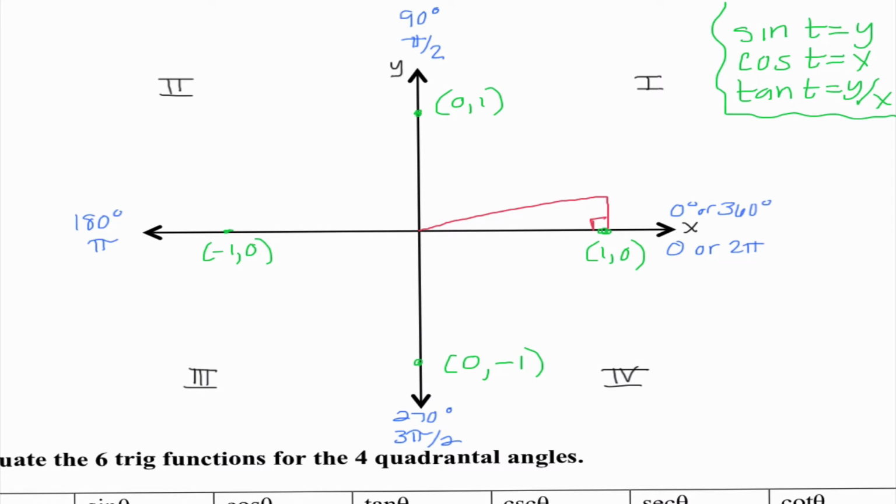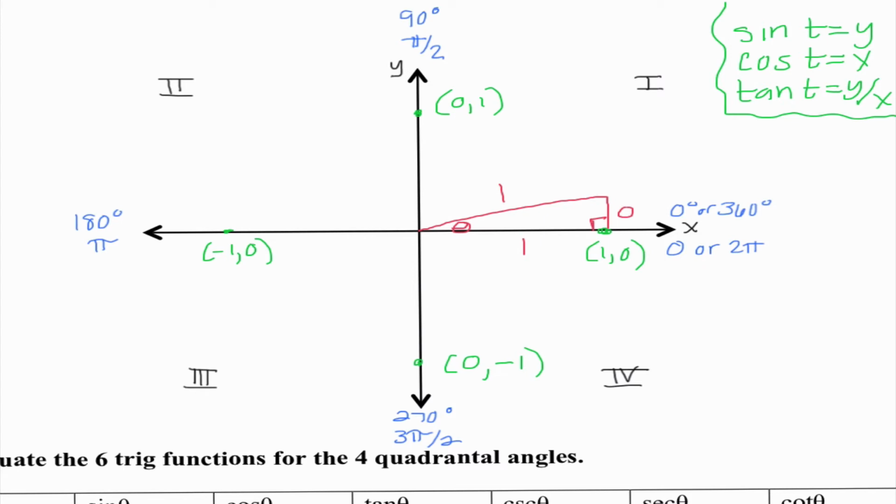Now the problem is, since it's going to the right one and it's not moving up or down at all, this is not a real triangle because a triangle cannot have a side of 0. So we're just pretending that this is 0. That's our theta. And our hypotenuse would also be 1 because this is a unit circle, or we could use the Pythagorean theorem and realize 1 squared plus 0 squared is 1 squared.